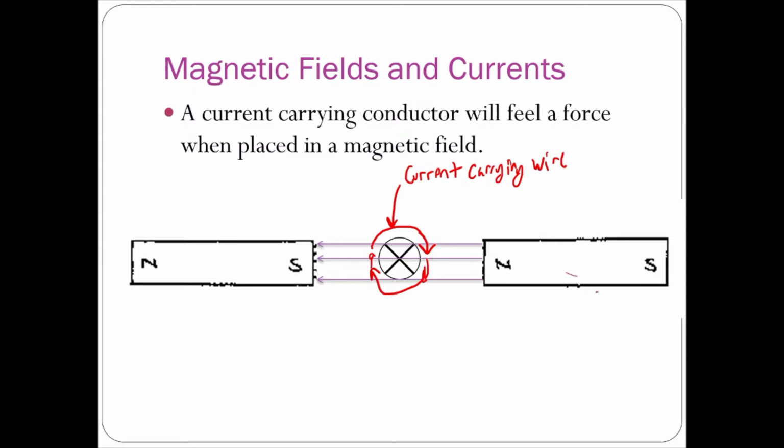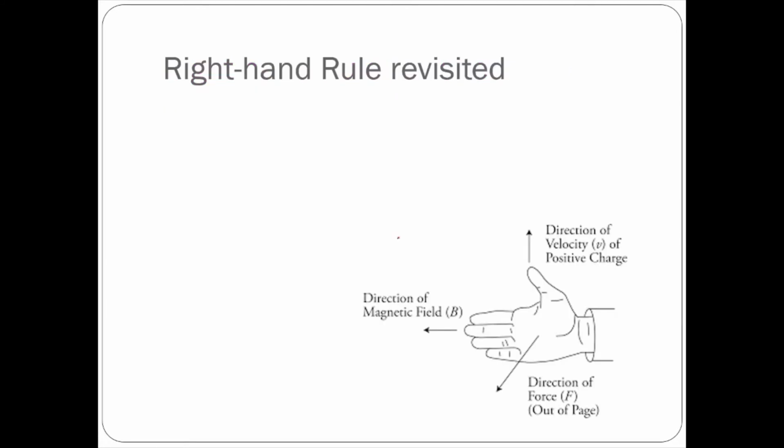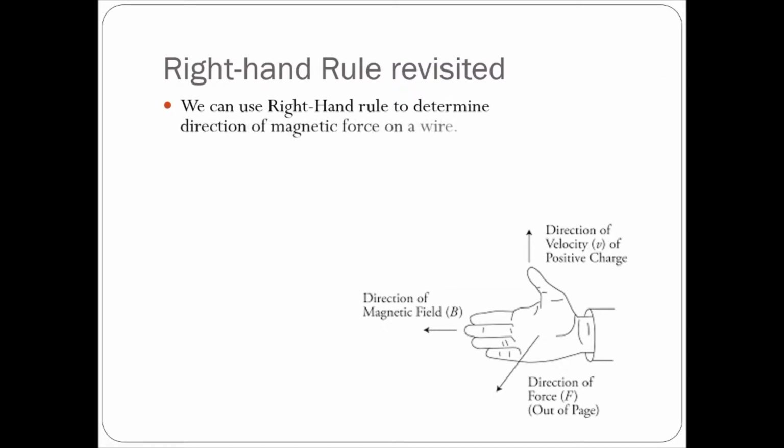Alright, to determine which way this wire is going to get pushed, we're going to revisit the right-hand rule. Last lesson we talked about the right-hand rule. Here's a diagram this time to help us determine where the force is going to be exerted. The change we make here is which part of your hand refers to what quantity that we're dealing with.